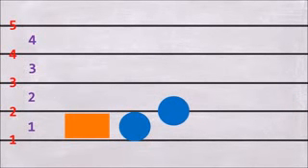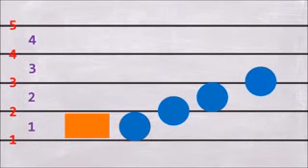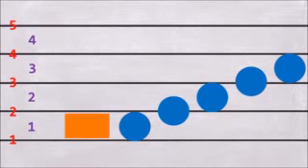Let's try another one. We're still leaving do in the first space. And so there's our first note again, probably do. And here's our next note. And here's another one. And another one. And one more. So we have 5 notes. Notice that these go up, alternating space, line, space, line, space.